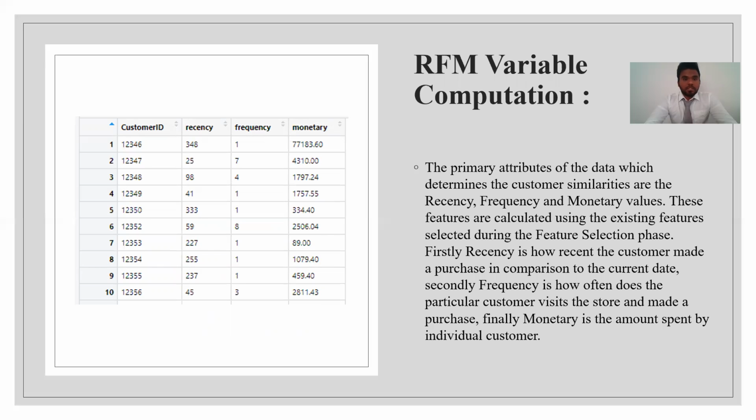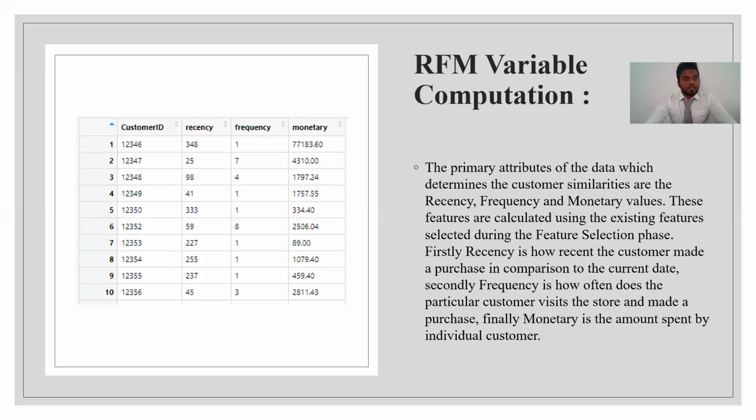This data was collected during the calendar year 2011. So I kept a static date of 2012 and subtracted each customer's last visit from it to get the recency value.